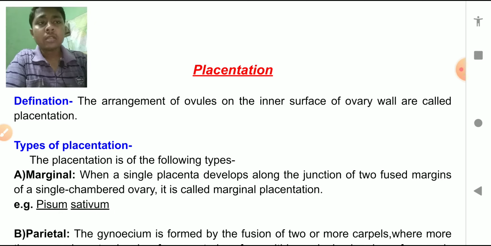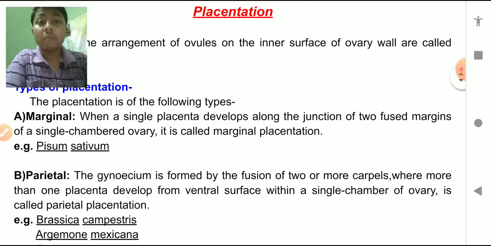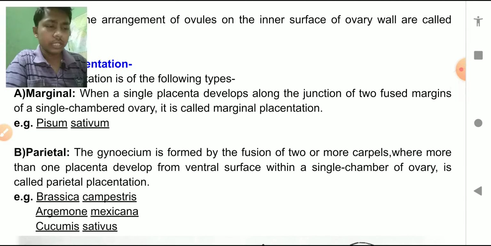First of all, we discuss marginal placentation. One thing I want to say from the initial phase is that every term in biology, every term related to the subject and the topic, comes from a particular point of view.